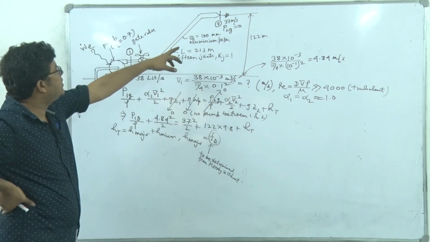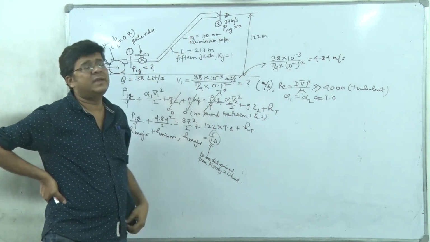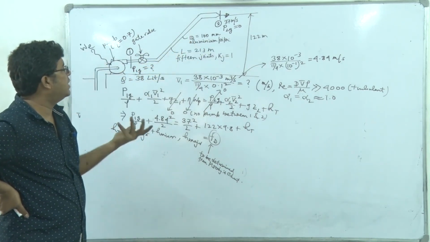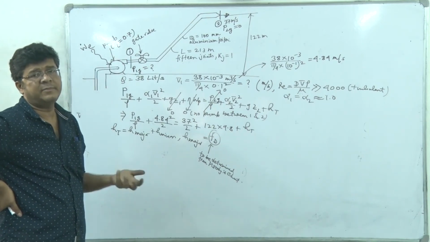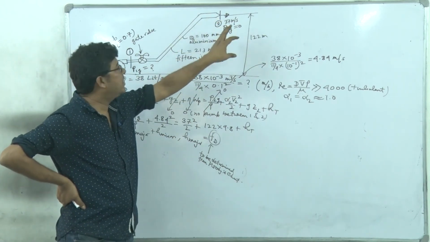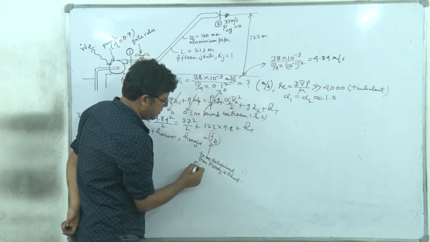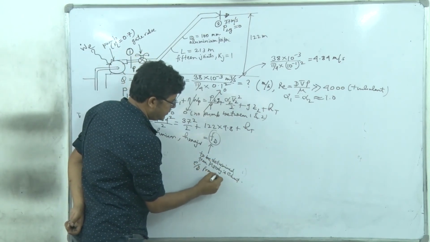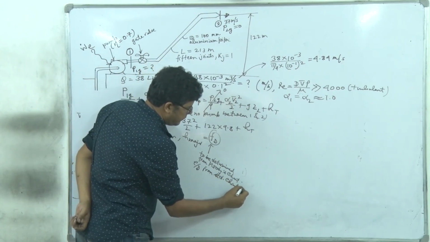Now the question is, what will be the E by D value? Aluminium is mentioned, and specifically in the book of Fox and McDonald, you will see that E by D values for different types of pipe of different material and diameter are given. So from there we can get E by D from the standard chart of pipe material.